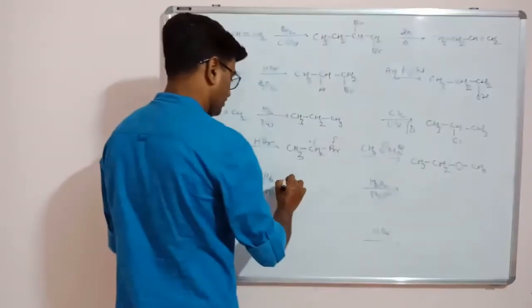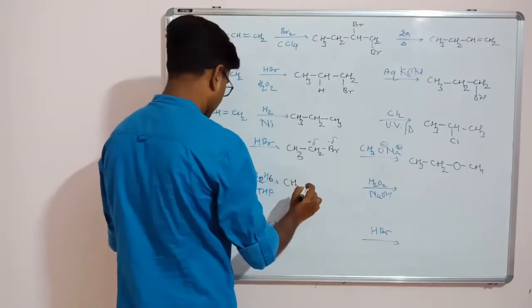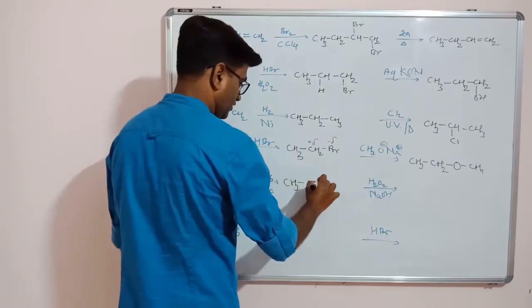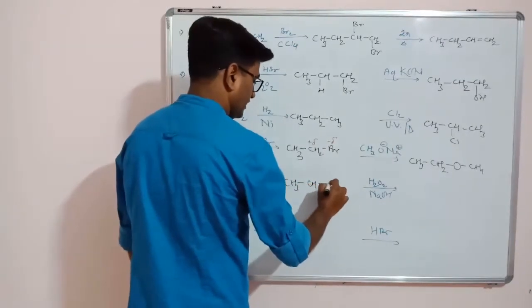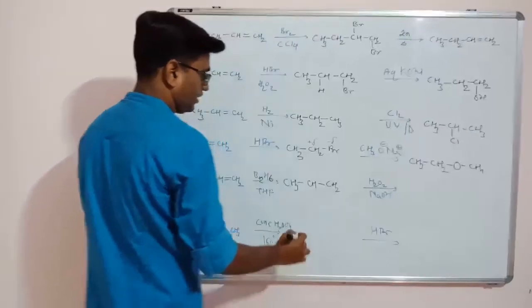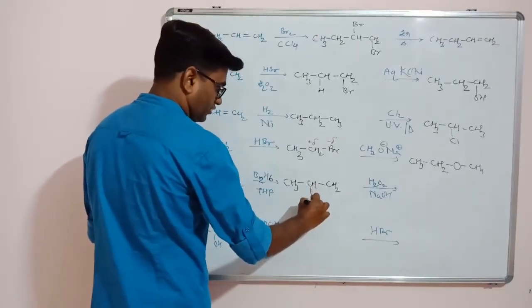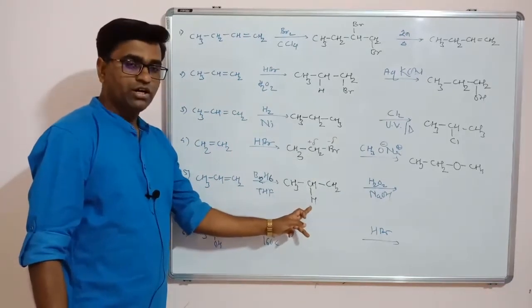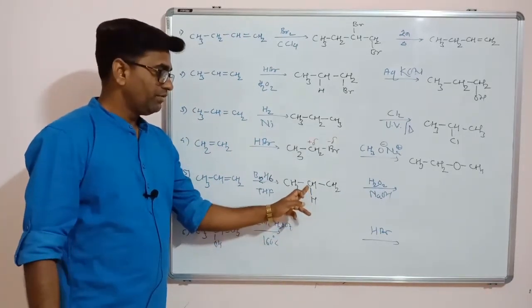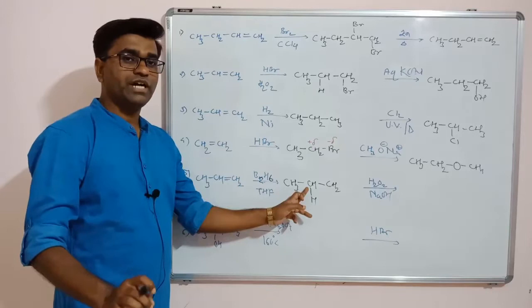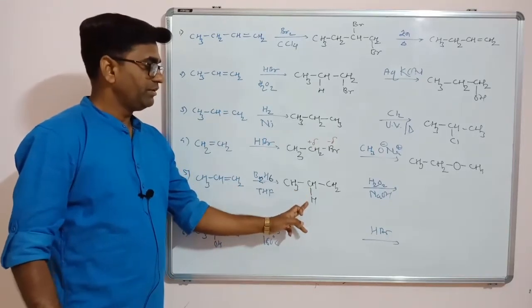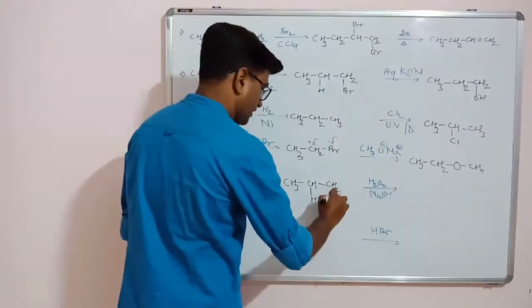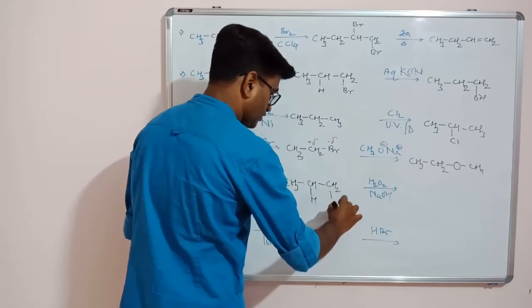So you have to write the reaction in such a way that CH3 CH, double bond becomes single bond, CH2. So by Markovnikov's rule, the negative part of the reagent goes to the carbon atom which has fewer hydrogen atoms. So here will be the negative part and here will be BH2.